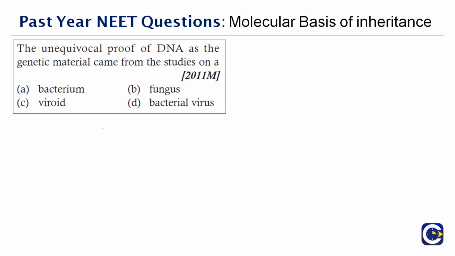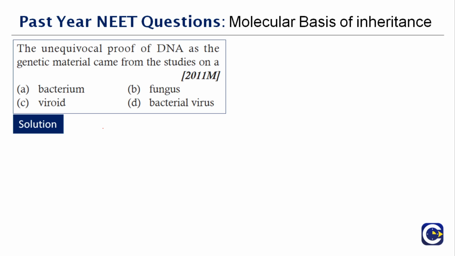Next question here. The unequivocal proof of DNA as a genetic material came from the studies on Dash. This is an easy question because we already discussed it in the initial part of this chapter. They carried out an experiment with the help of a bacteriophage, the experiment by Hershey and Chase, where they showed that the genetic material is what gives the bacterium the ability to release progeny.